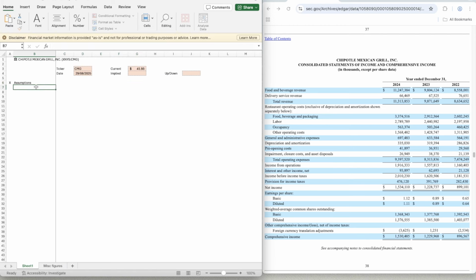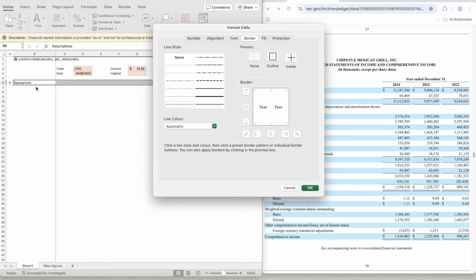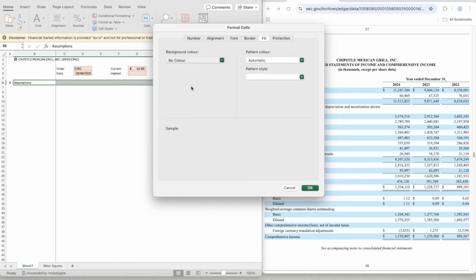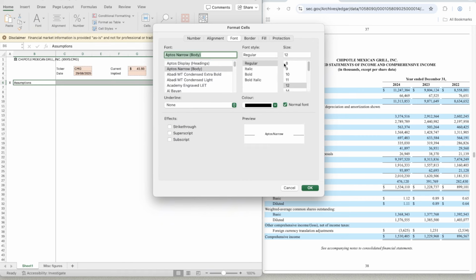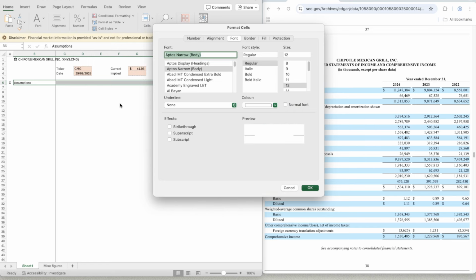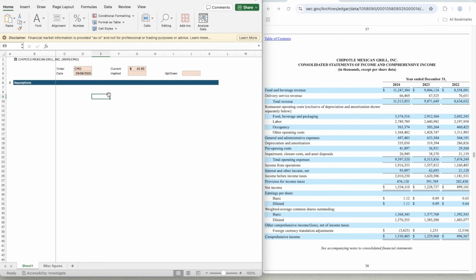Let's go assumptions. We'll just change the color so that we know it's a heading. Fine, go to white. And here we're going to go revenue segment.